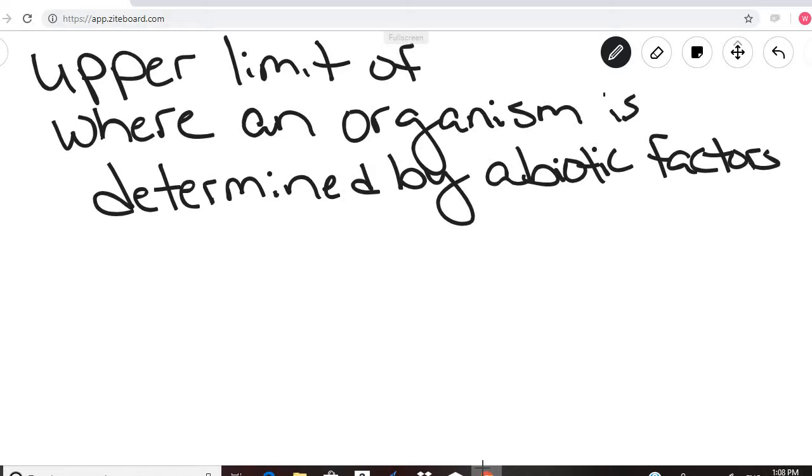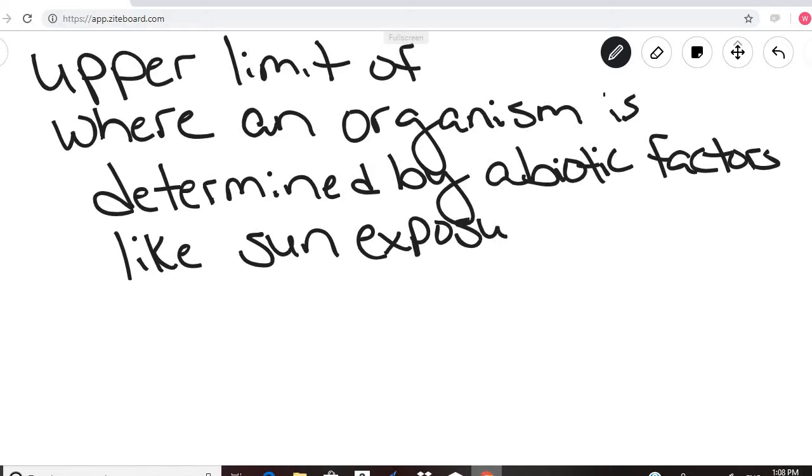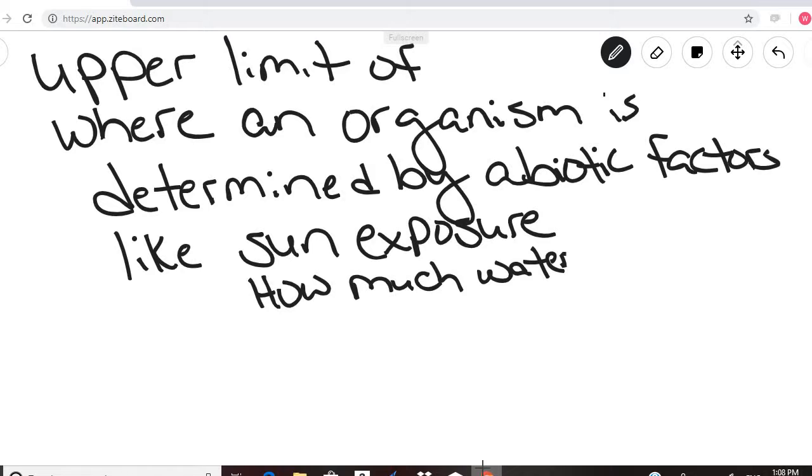So this would be things like sun exposure, how much water is available, the wave action, so all these non-living factors.